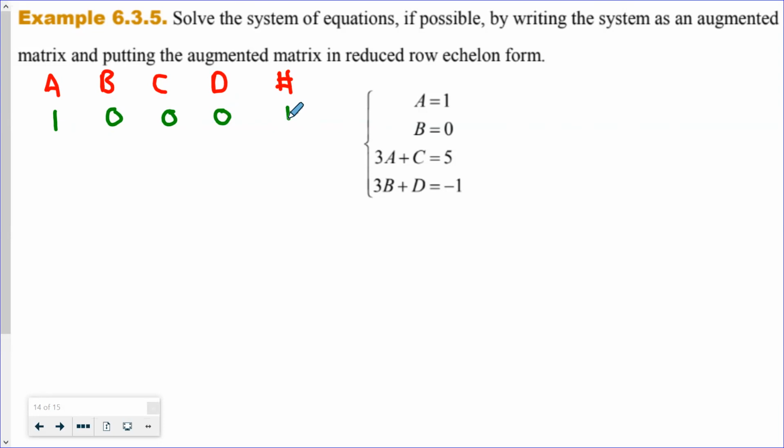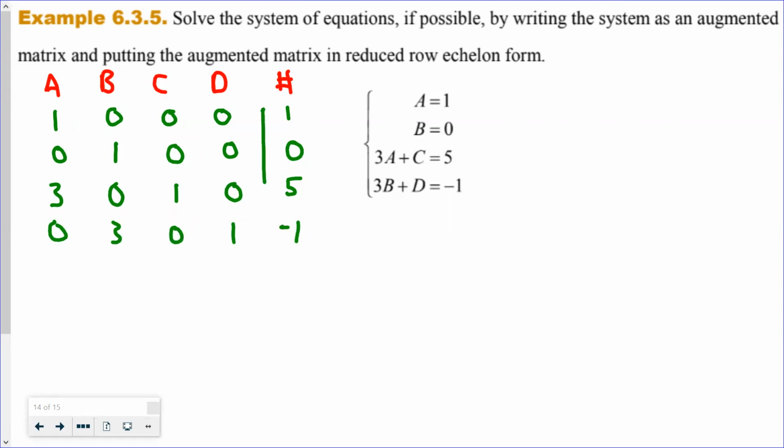It would be 0 in the second, first, and then 1, 0, 0, 0, and then 3, 0, 1, 0, and 5, and then 0, 3, 0, 1, and -1. Yes, thank you, Clayton.